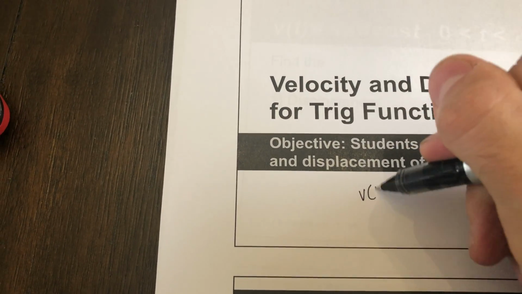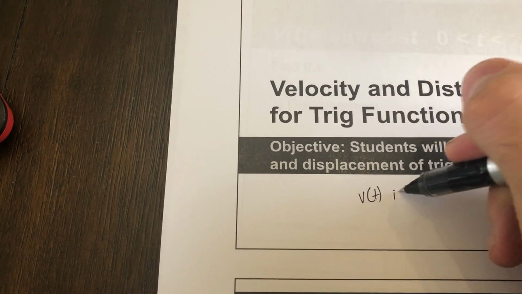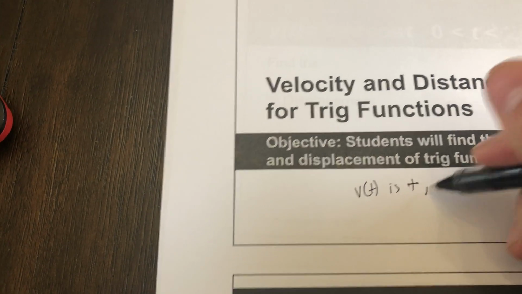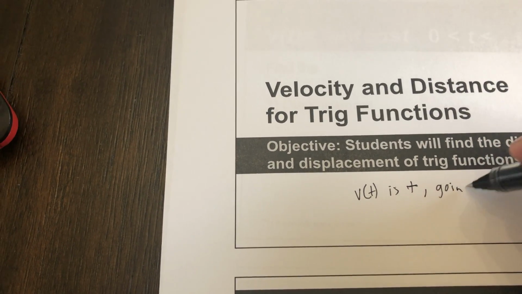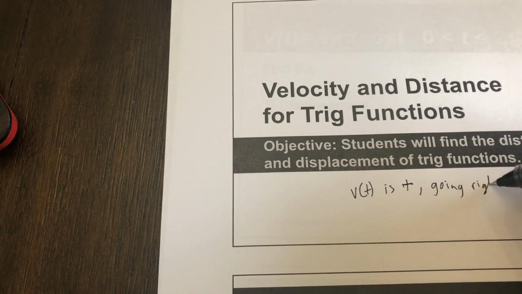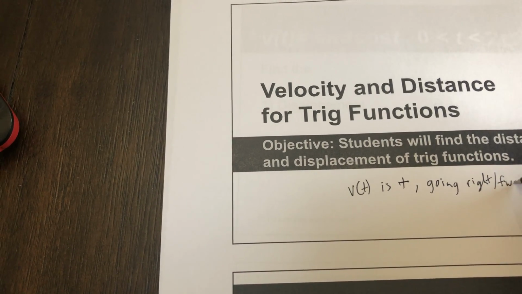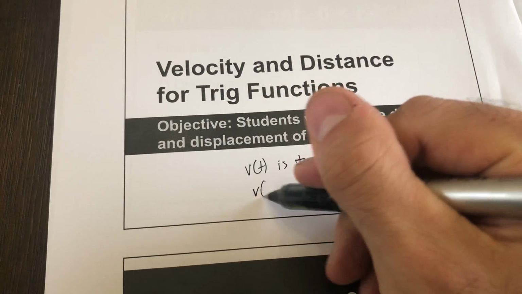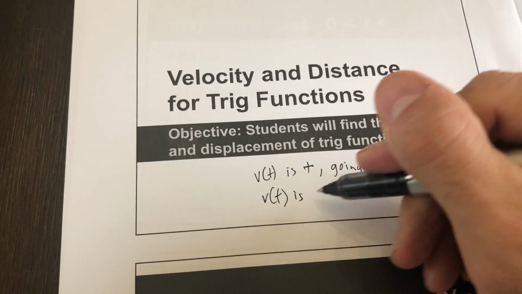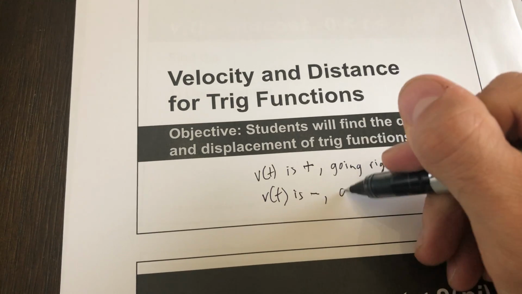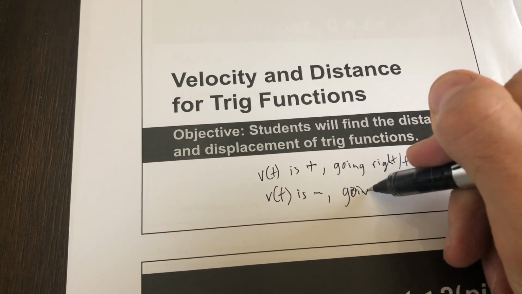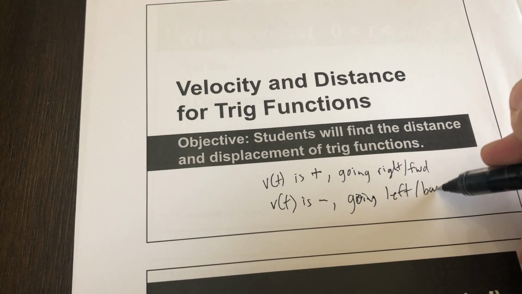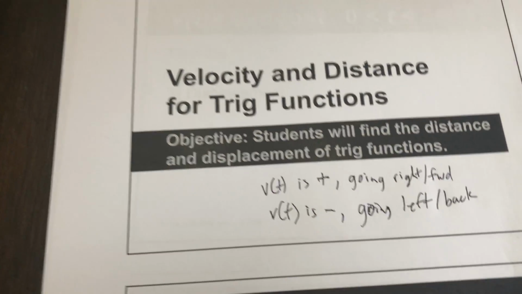When velocity is positive, it's a plus sign. You know it's going right or forward. Okay, when velocity is negative, it's going left or back.